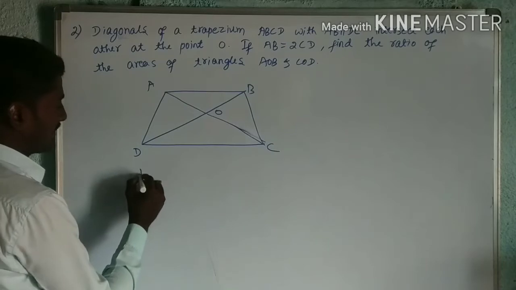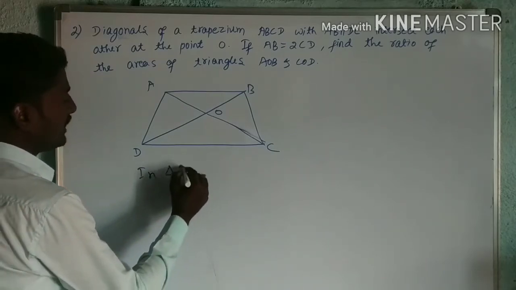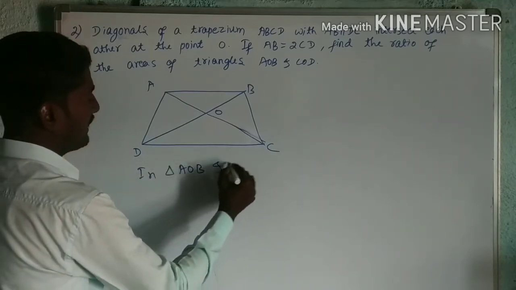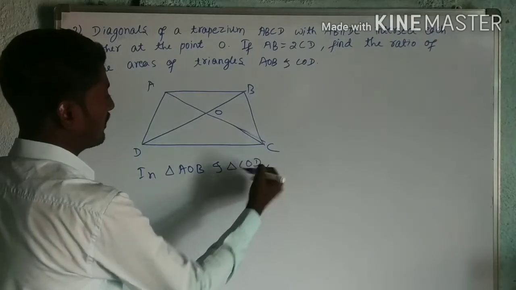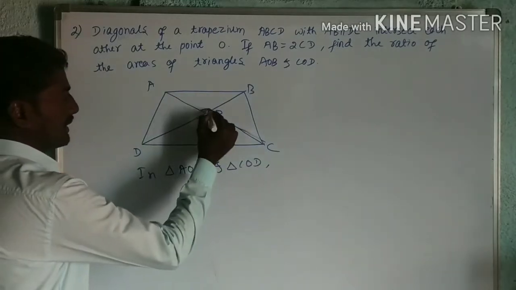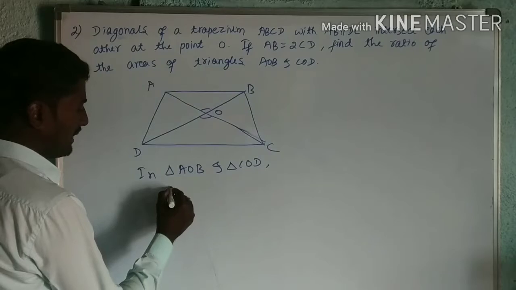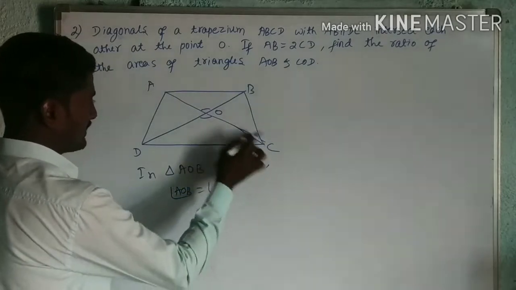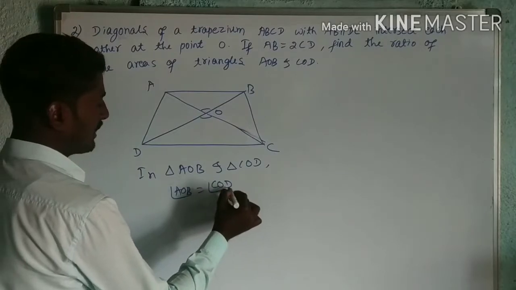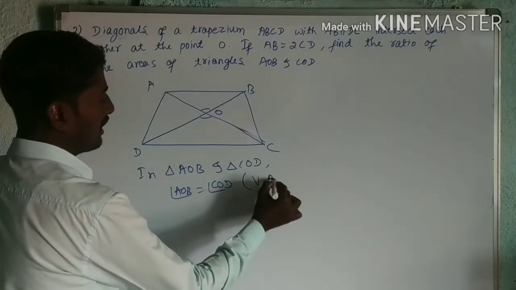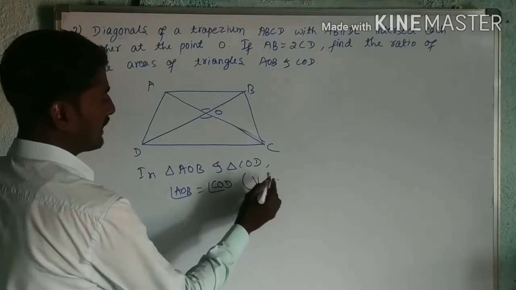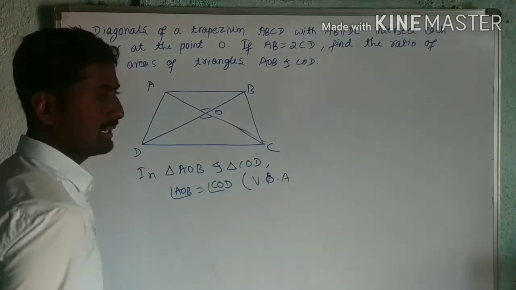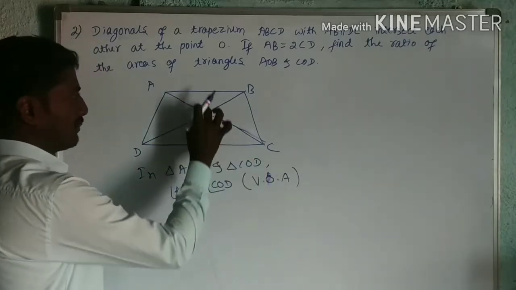Now in triangle AOB and triangle COD, these two angles are equal. Angle AOB is equal to angle COD because they are vertically opposite angles.